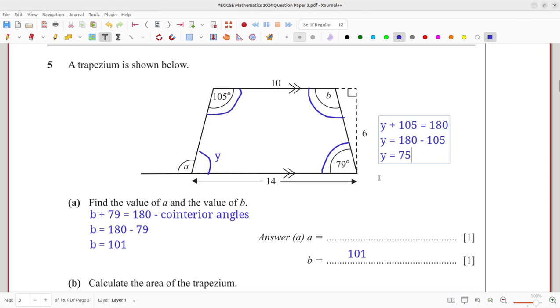And then Y and A are angles on a straight line, and we already know that angles on a straight line give you 180 degrees.